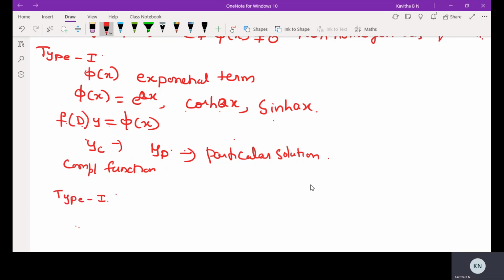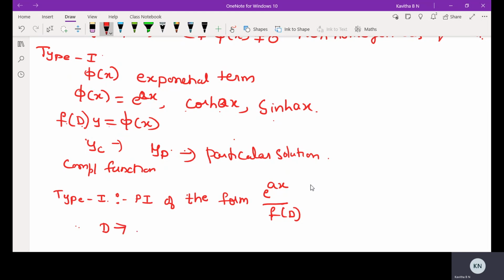For type 1, the particular integral of the form e to the power of ax by f of D is found as follows.